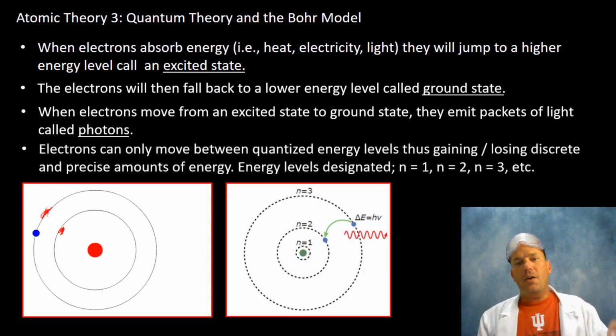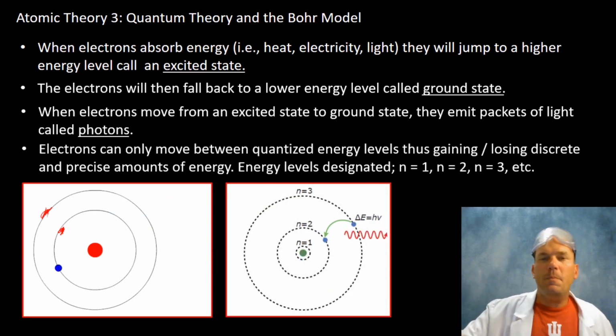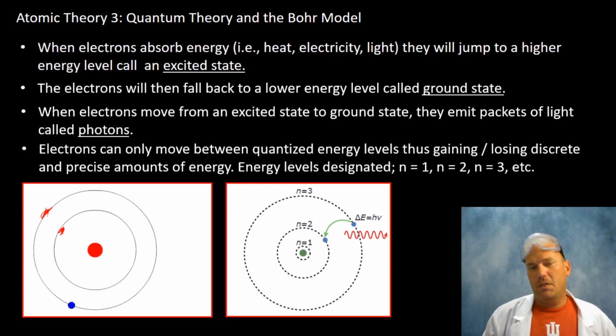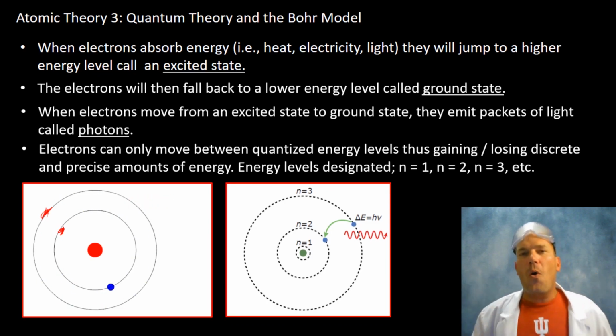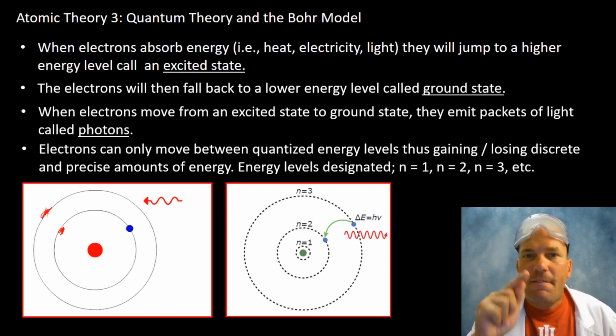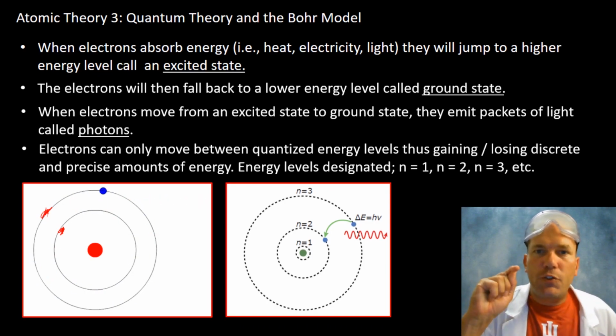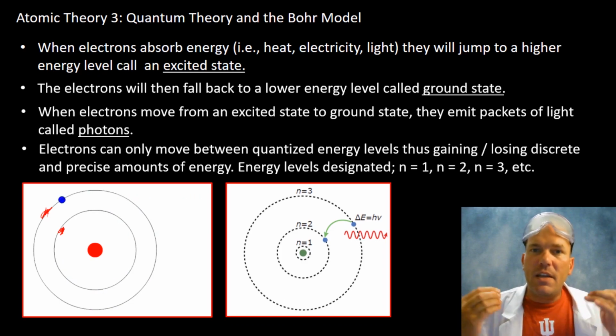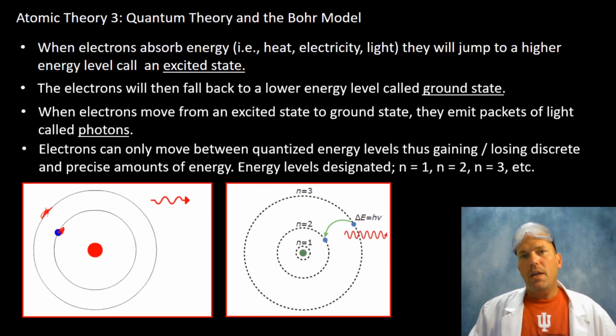Okay? So, here's another breakdown of how this works. Electrons can only move between specific energy levels. Discrete, see, these words keep coming up, energy levels. Okay?